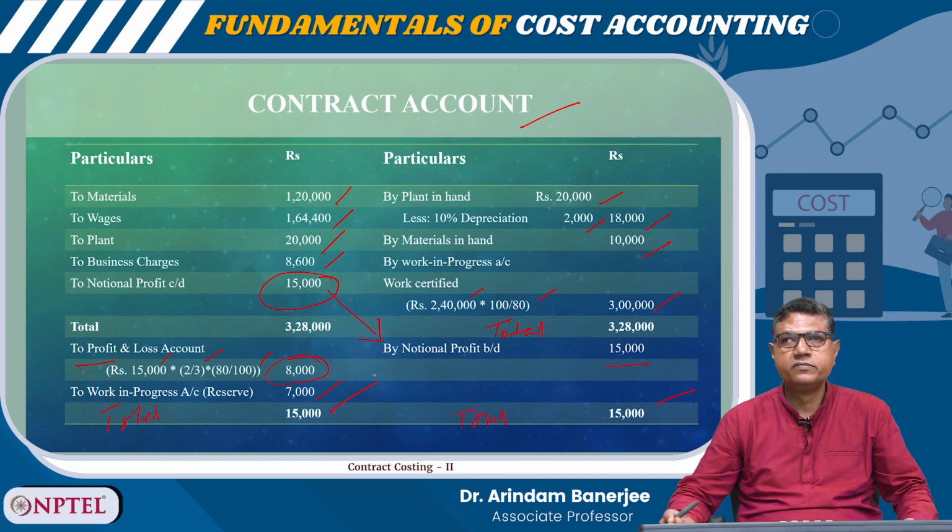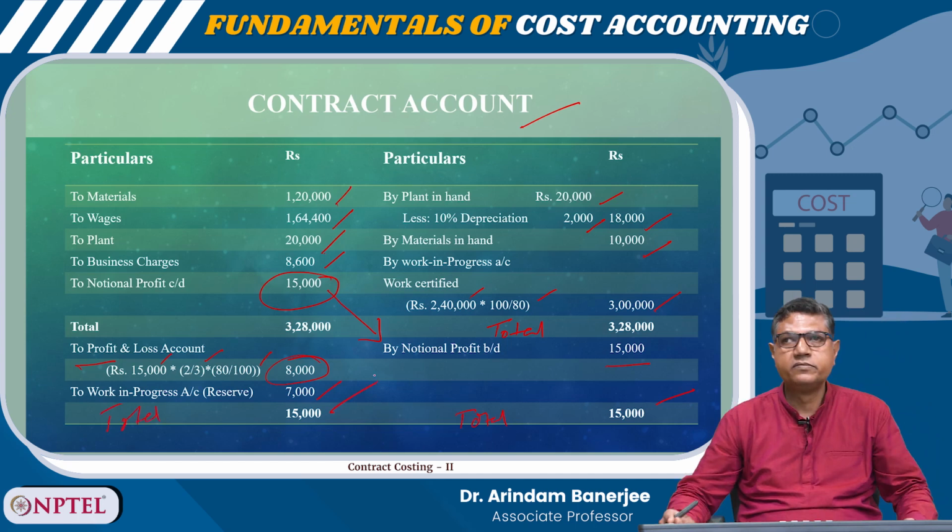First is material sent to site, 86,000. Labor engaged on site, 65,000. Plant issued, 80,000. Direct expenses, 8,000. Establishment charges, 4,000. Materials returned to stores, 600. And the work certified is 1,90,000.